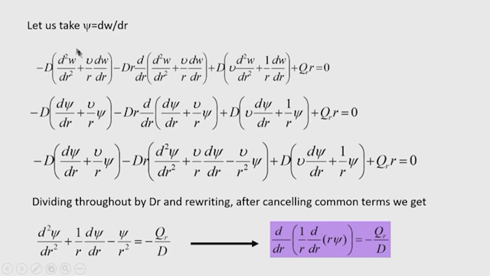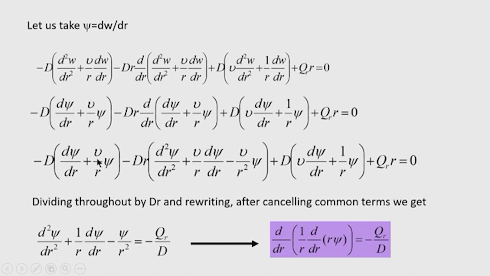Substituting the slope dw by dr as xi, we can express the quantity as d xi by dr plus nu into r into xi, where the curvature is the derivative of the slope, plus nu into d xi by dr plus 1 by r xi, plus q r into r equal to 0.